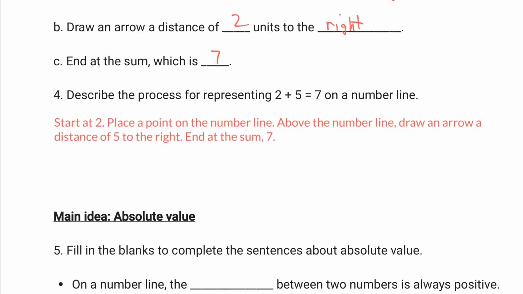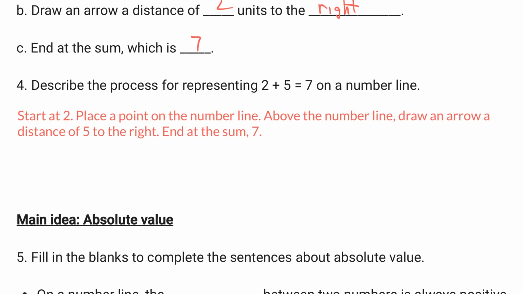Pretty easy. I mean, come on. It's 2 plus 5, but how would you do it? To describe it, you would start at 2, so 0, 1, 2, and place a dot. Above the number line, draw an arrow to the right for a distance of 5. 1, 2, 3, 4, 5. There, and you end at 7. Okay, so there you go.